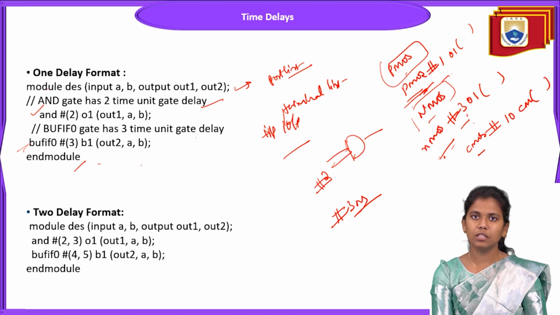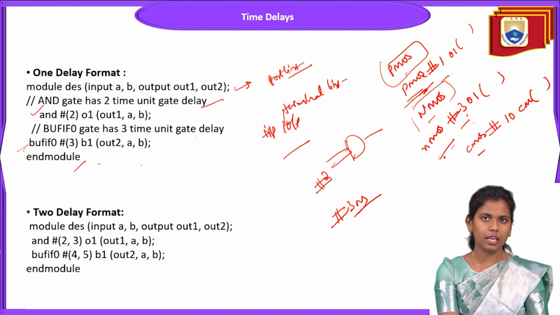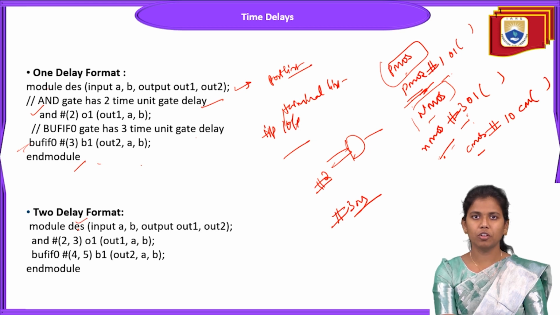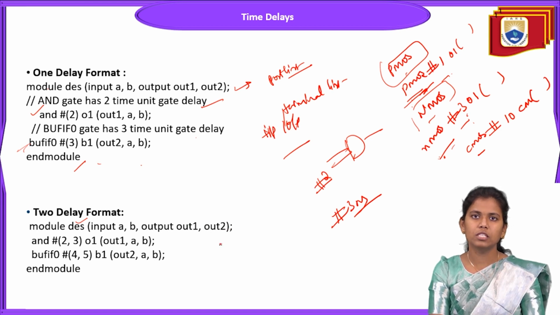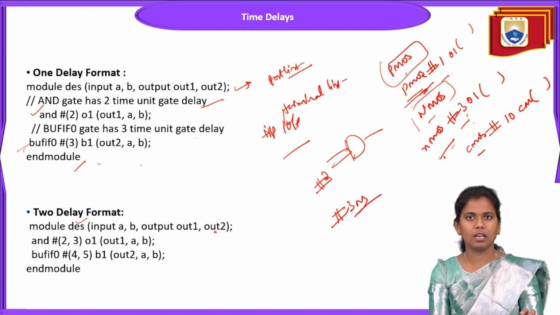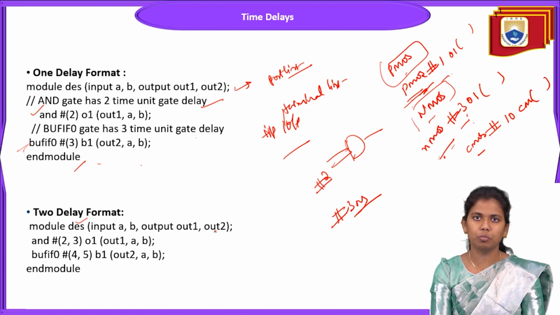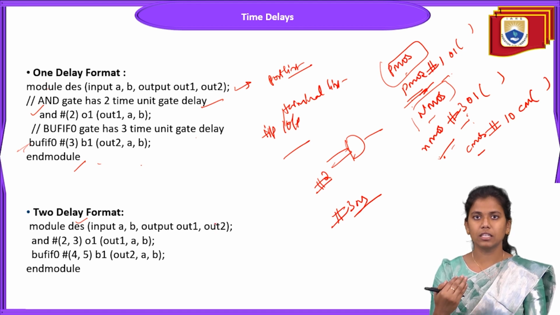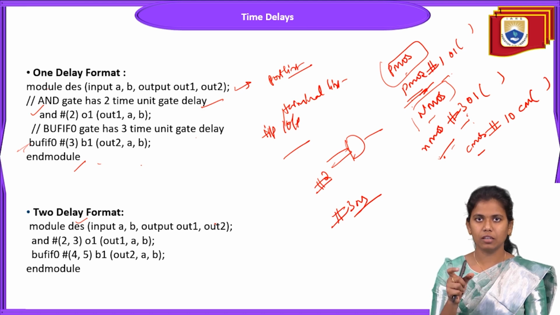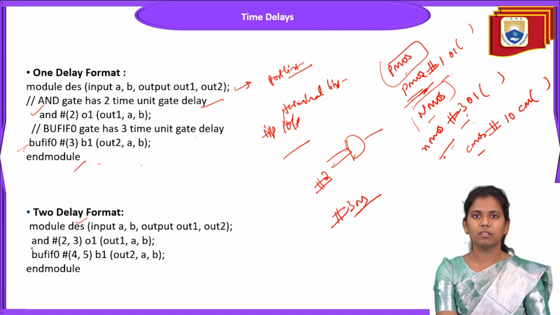And now we will see the 2 delay format. In the 2 delay format, module is a keyword, and then the name of the circuit that you are considering is the description of that particular circuit. And then in the port list, we are representing the input ports and output port as well as the control ports. And then finally, the gates that you are considering pertaining to the delays of that particular circuit. So here I'm considering the AND gate.